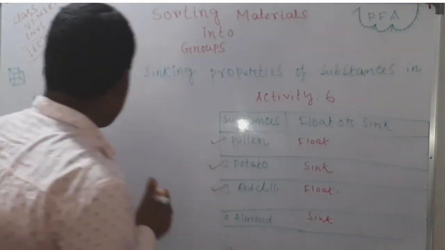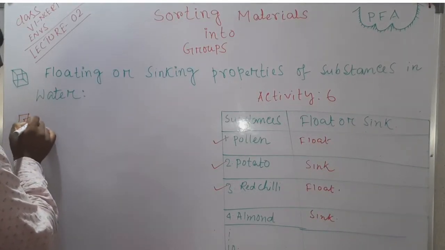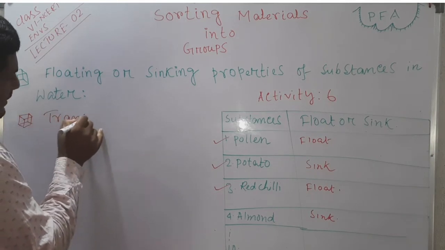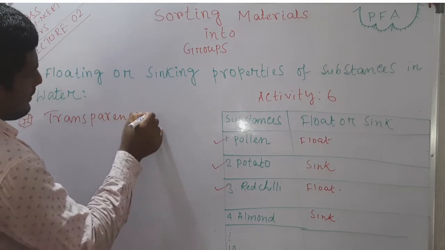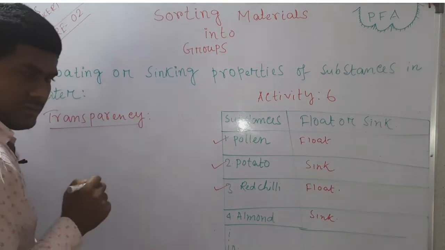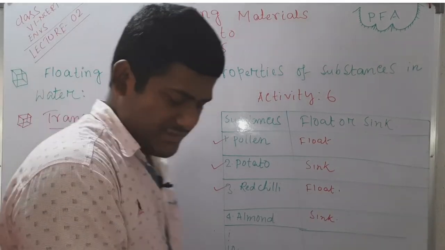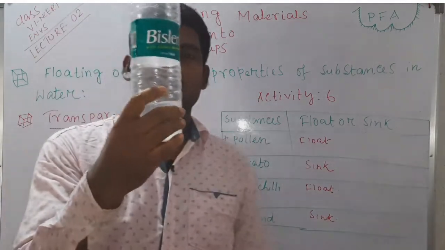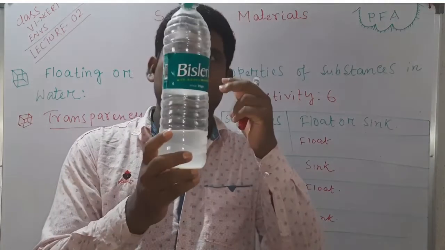So next we will see transparency. To check this transparency we will take help of some substances. First of all, we will take help of this bottle. Now carefully observe this.